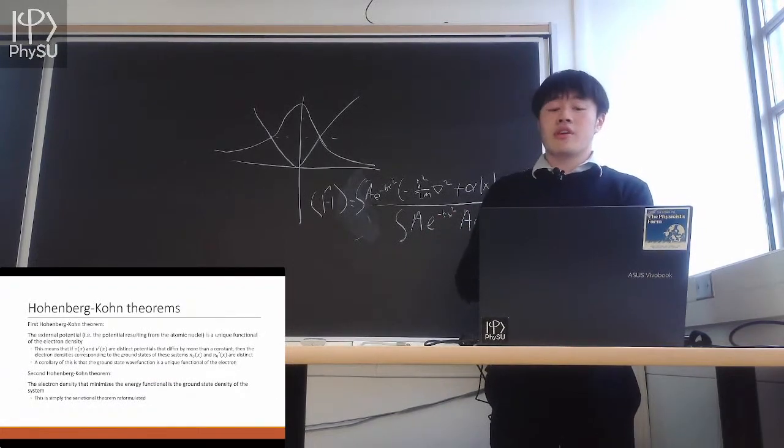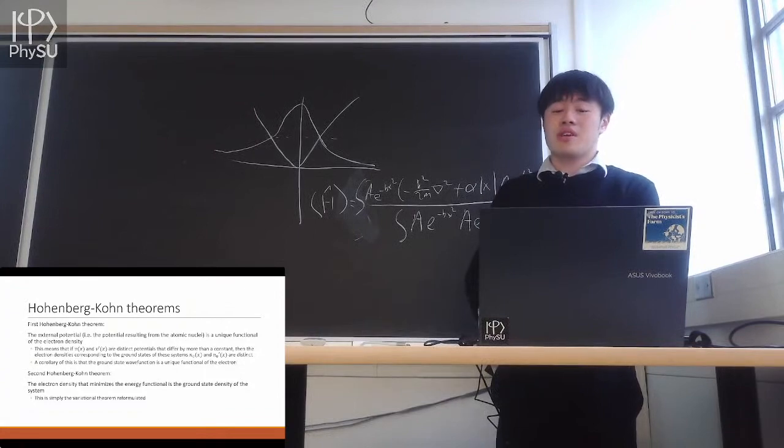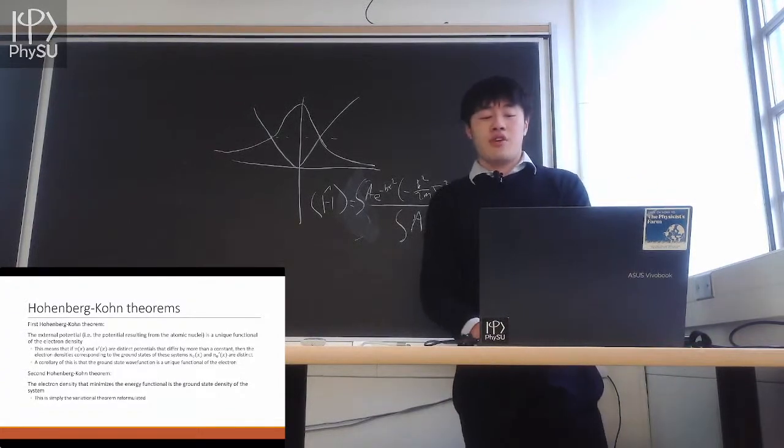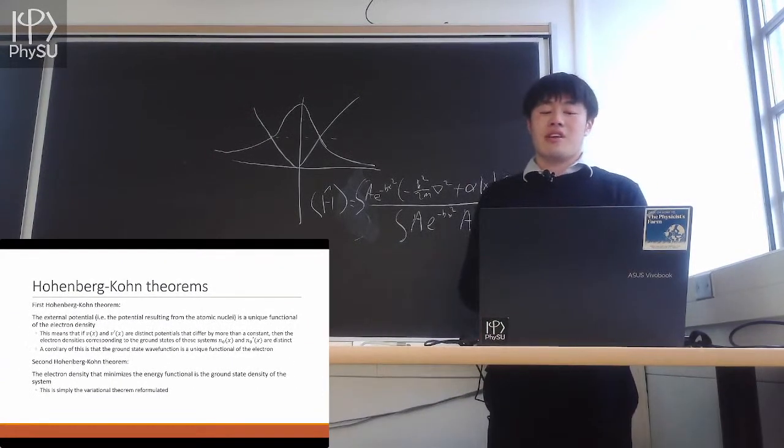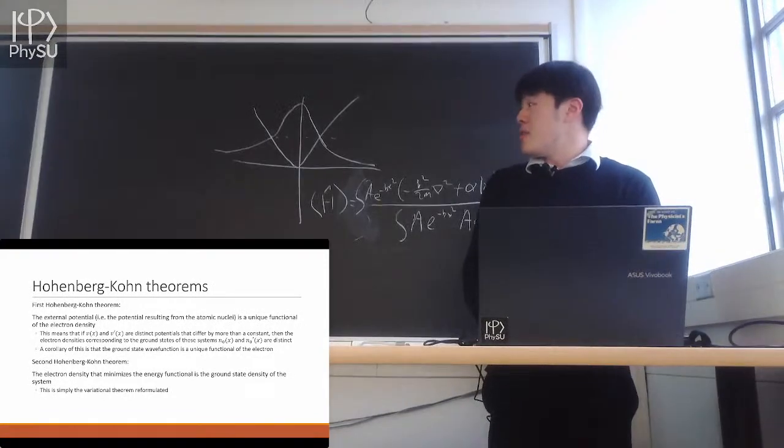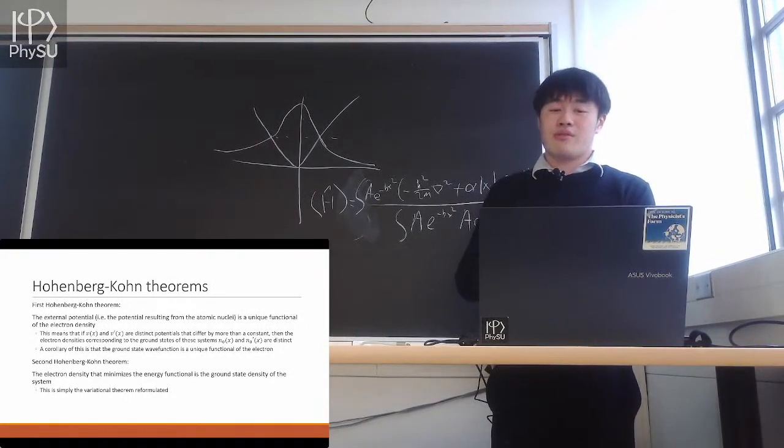So the second Hohenberg-Kohn theorem tells us that the electron density that minimizes the energy functional is actually the ground state density of the system. And this is really just the variational theorem reformulated for the electron density.